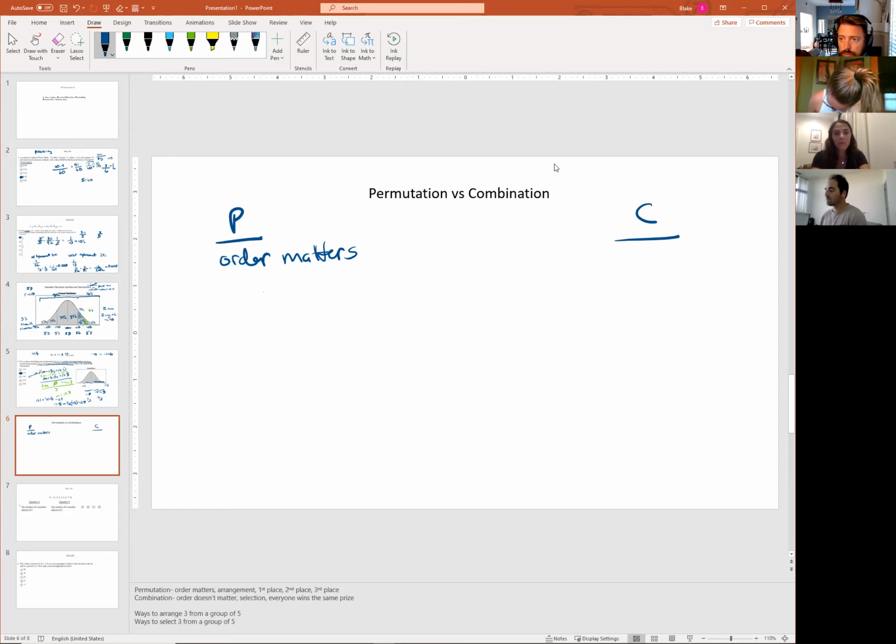Let's say there's a drawing and you get something for first prize. Usually the biggest prize you get for first prize. Then they give you something for second prize that's not as good, but still nice. And then something for third prize, which is usually not super impressive, but I guess it's better than nothing. So we could say first prize, second prize, third prize.